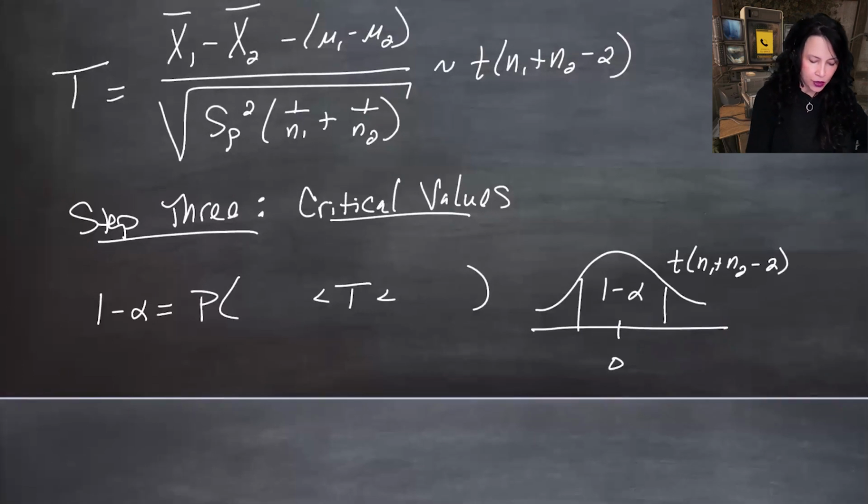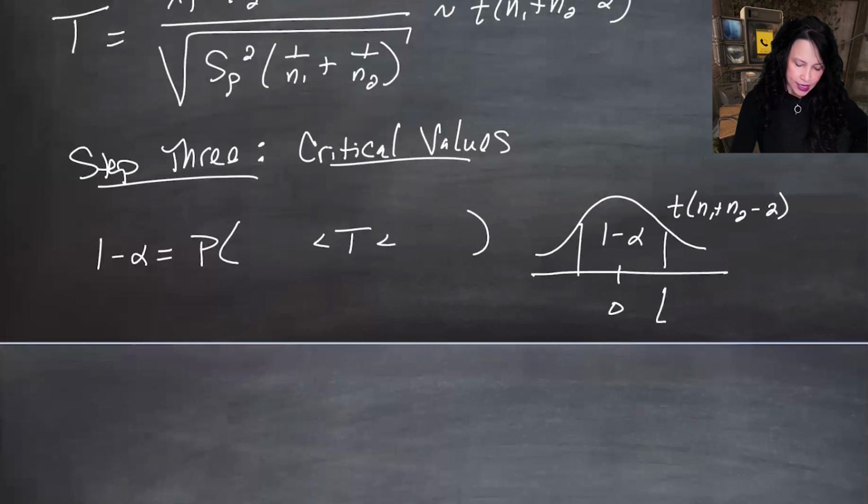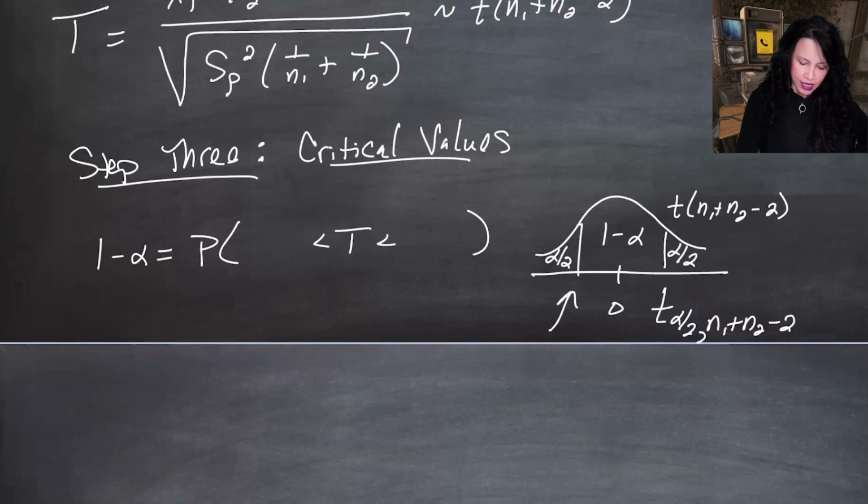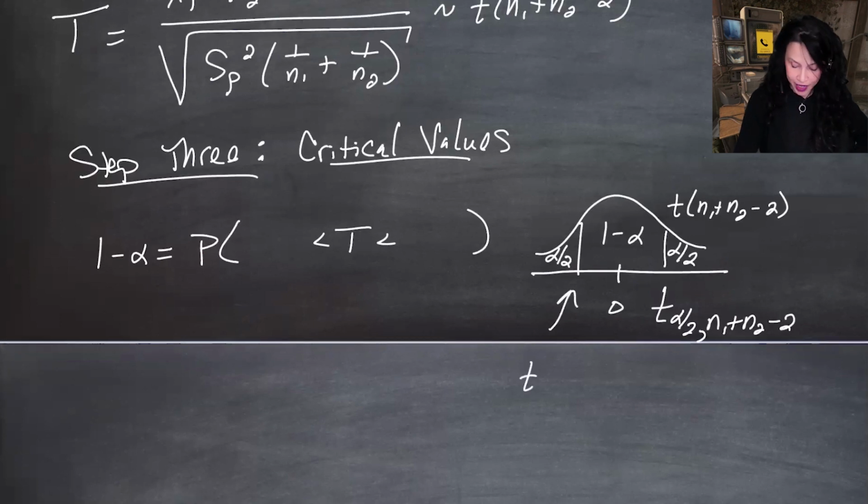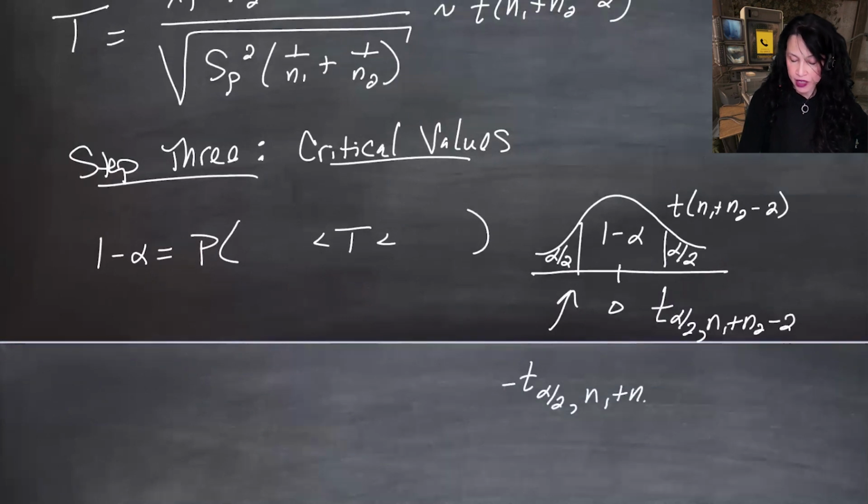Okay, so we have names for these critical values. This one is t sub alpha over 2 because we have alpha over 2 up here and alpha over 2 here. And then something that shows the degrees of freedom. And then this one is t, well, it's the negative because we're nice and symmetric. If it wasn't symmetric, I would call this t sub 1 minus alpha over 2.